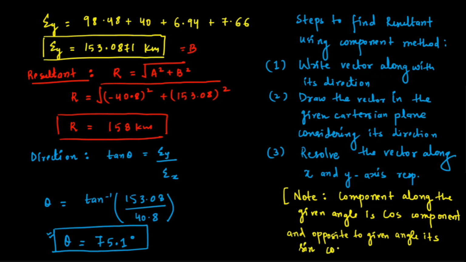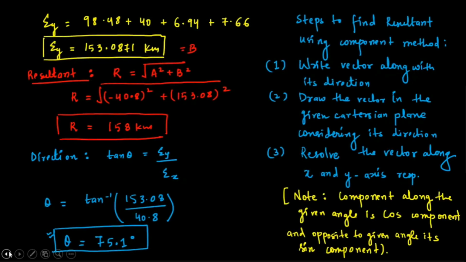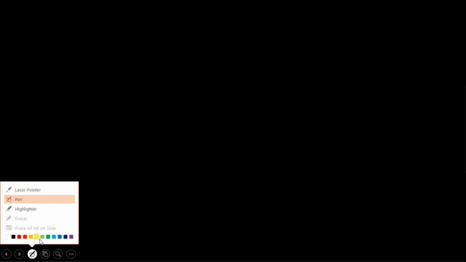So that is an important part. So following these three steps, we know where the vector lies, what is the magnitude of the vector, what is the direction of the vector, and also we have resolved the vector along the x and y axis.